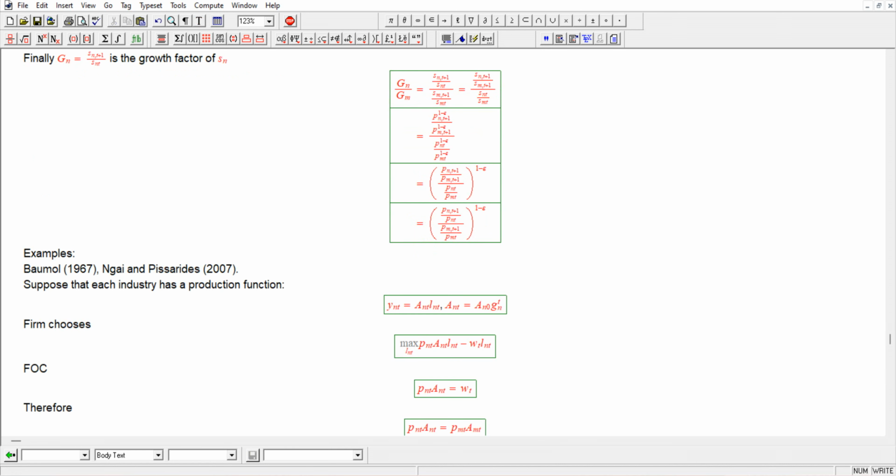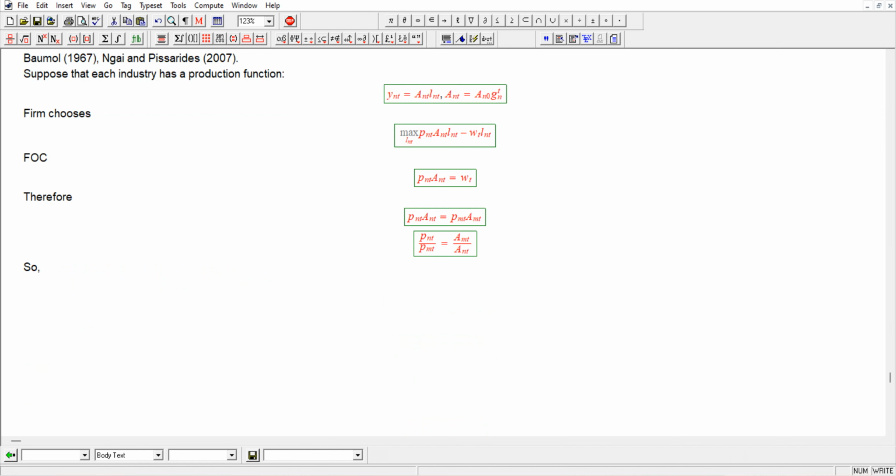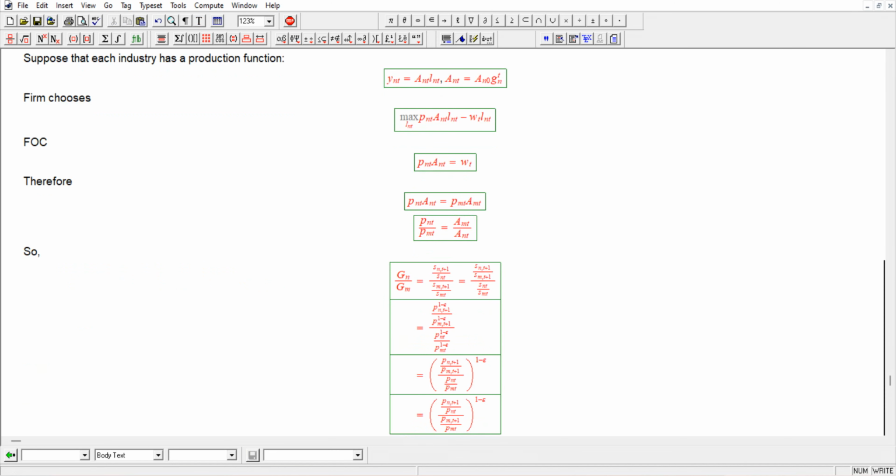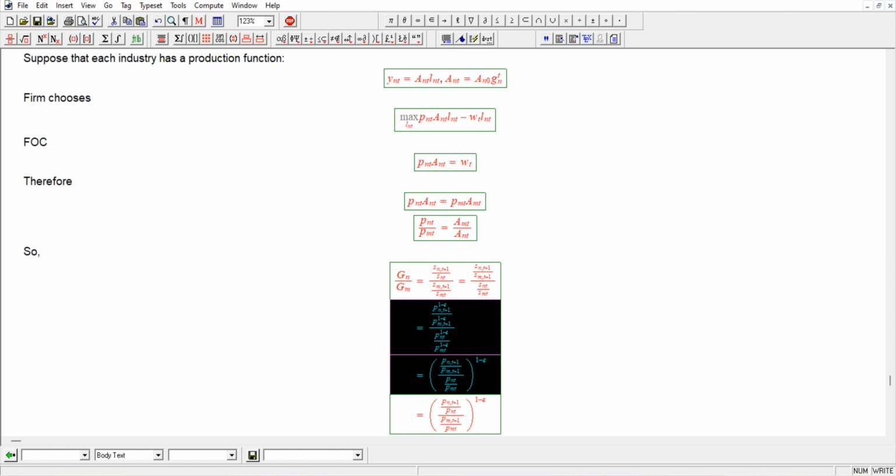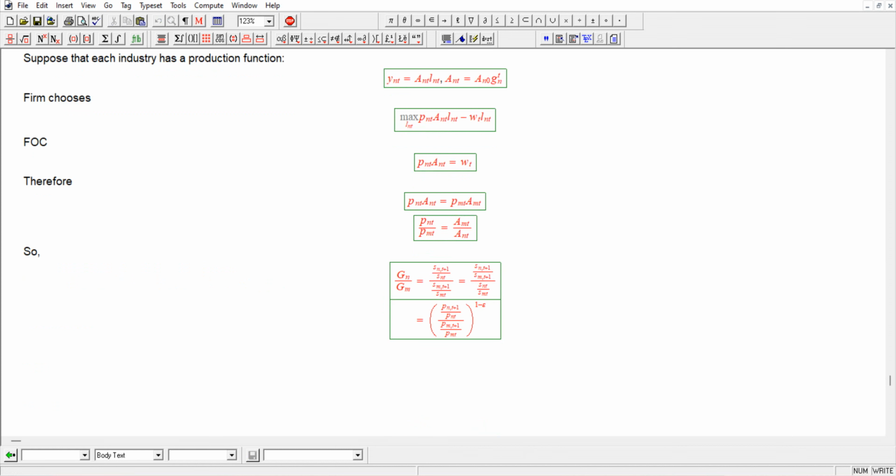So finally, bring this back to the question of structural change. Let's bring down this equation and simplify this first. Notice that we can write this slightly differently. Can move this up, can move this down.